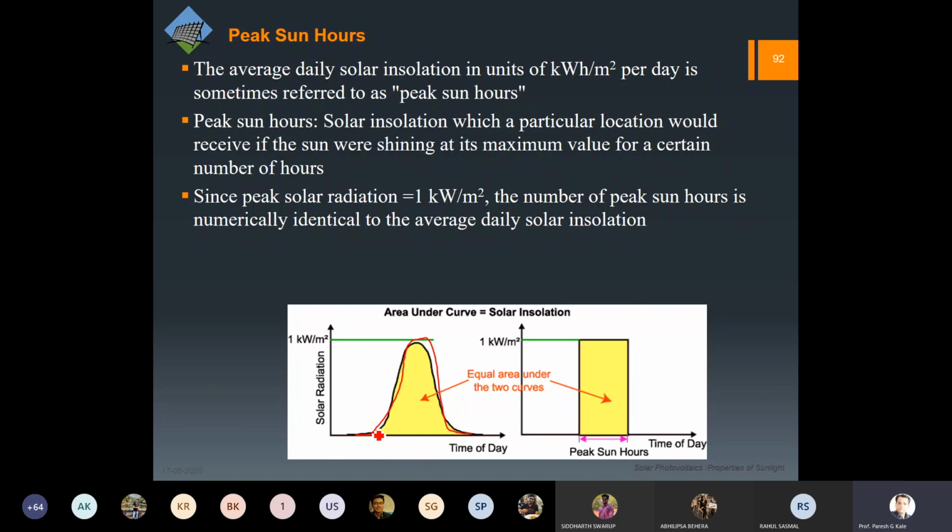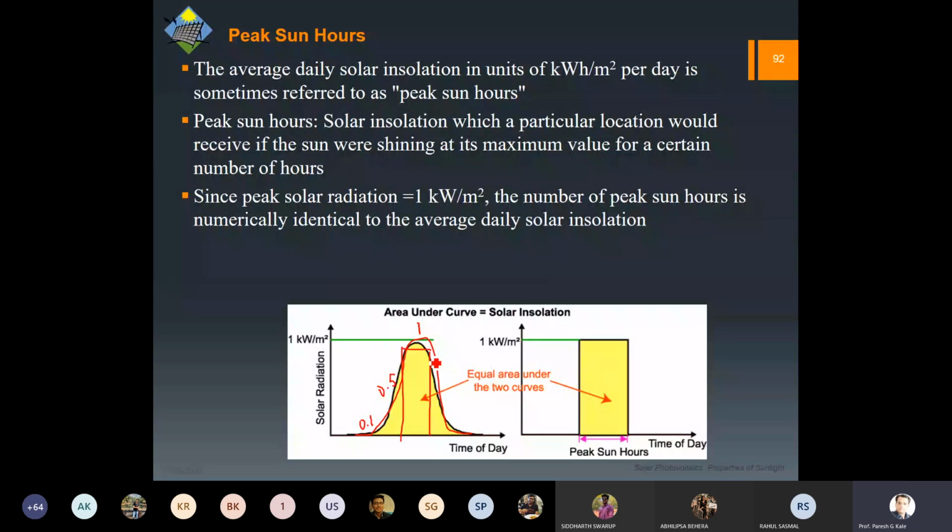So here we may get 0.1 or something, here we can get 0.5, and let us say here we get about 1 kilowatt per meter square. In certain cases it might even be more than one.